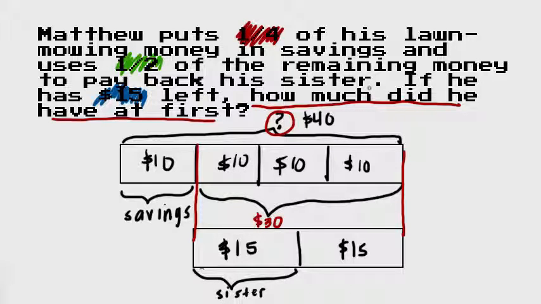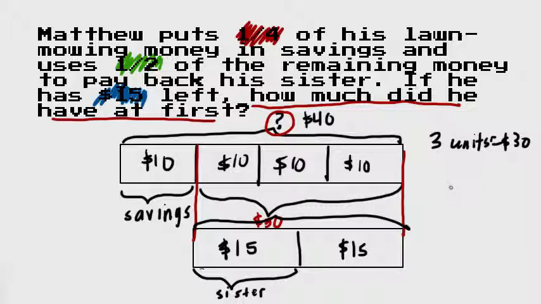And it's kind of a backwards thinking process, but understanding what's going on here will help us work backwards. We kind of have to draw it and then go in the reverse order. So we know that 3 units or 3 boxes is going to equal $30, right?